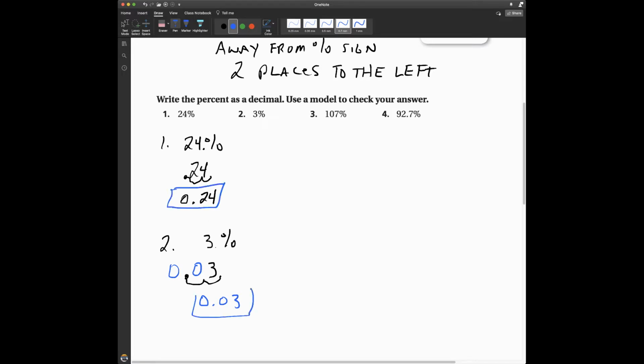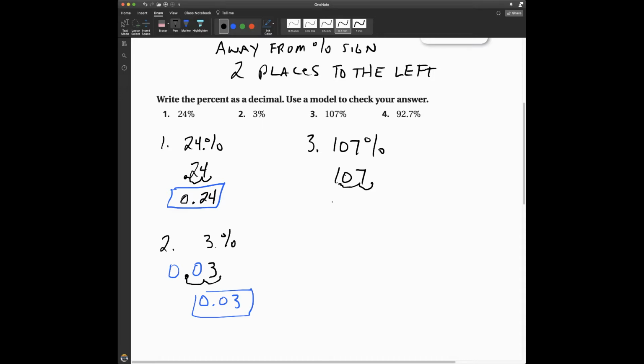Let's do one more. Number 3, I have 107%. So I drop the percent sign, the decimal would have been right there, and I move it 1, 2 places.